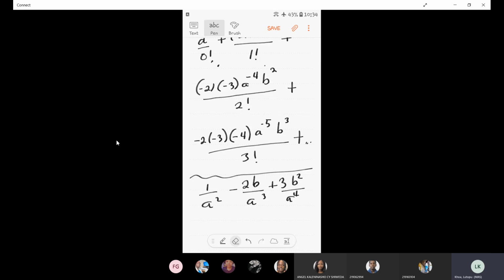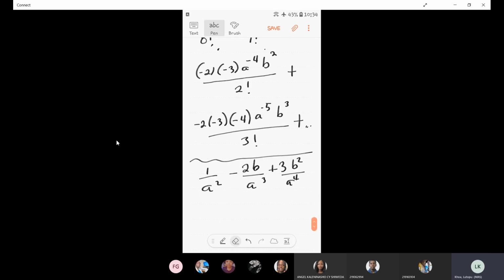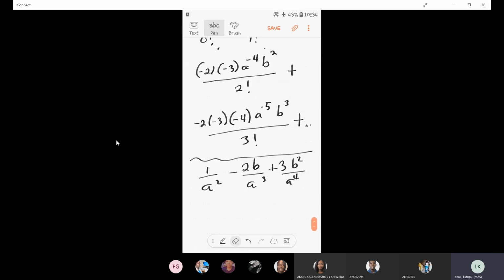And then the fourth term over here, I have minus 2 times 3 times minus 3 times minus 4. That gives me 24, and then I divide that by 3 factorial. 3 factorial is 6, because it's 3 times 2 times 1, which is just 6. So 24 divided by 6, I get 4.